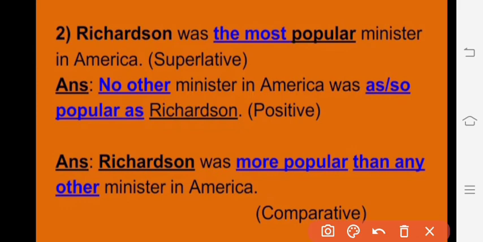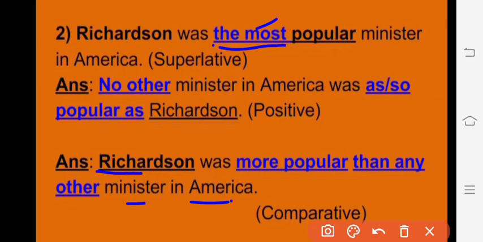Now the same sentence: Richardson was the most popular minister in America. The sentence contains most, meaning superlative. If you want to convert into comparative degree, the subject comes at the first place as it is, no change in subject and object, but you have to remove the most formation, then apply more or the er form.